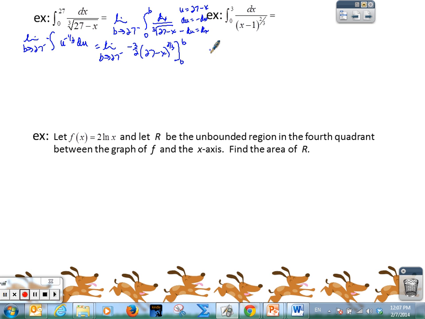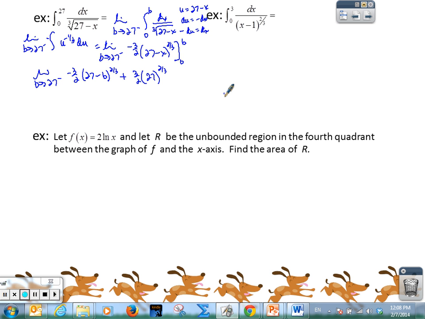Alright, so we put the b in there and we get limit as b goes to 27 from the left. We have negative 3/2, 27 minus b to the 2/3, minus, well, it's actually a minus minus, so plus 3/2 times, I put a 0 in, I get 27 to the 2/3.